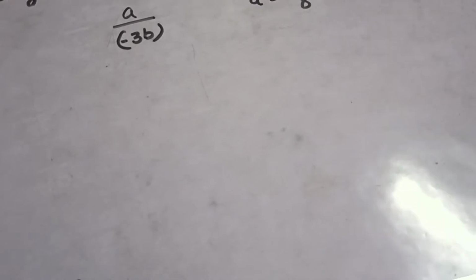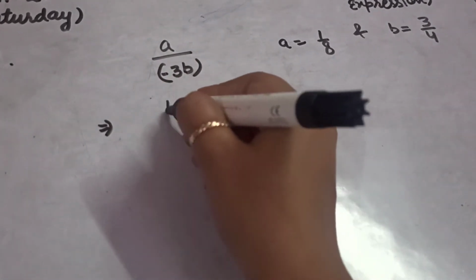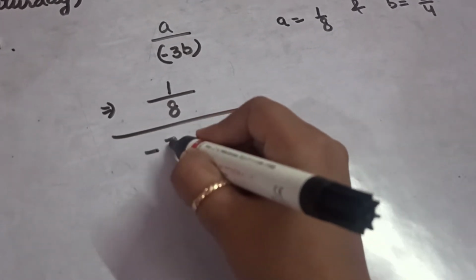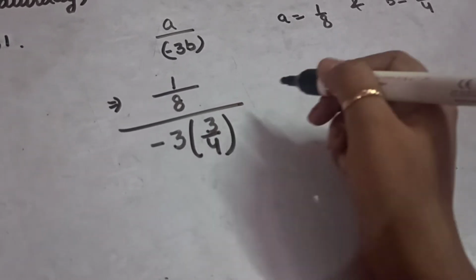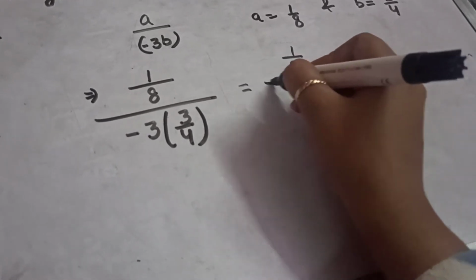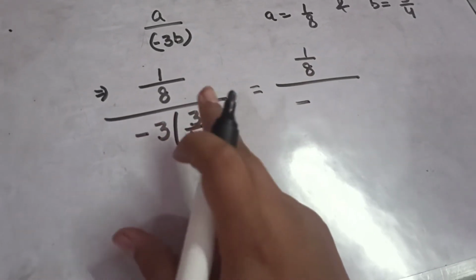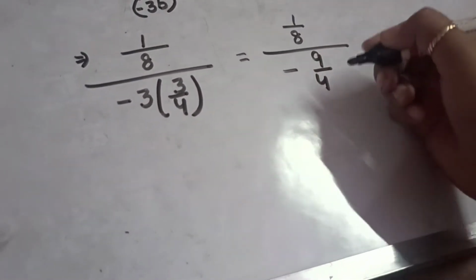Now see, value of a is 1 by 8, minus sign, 3, b is 3 by 4. So it is equal to 1 by 8. This 3 numerator multiply with numerator, 3 3s are 9 by 4.